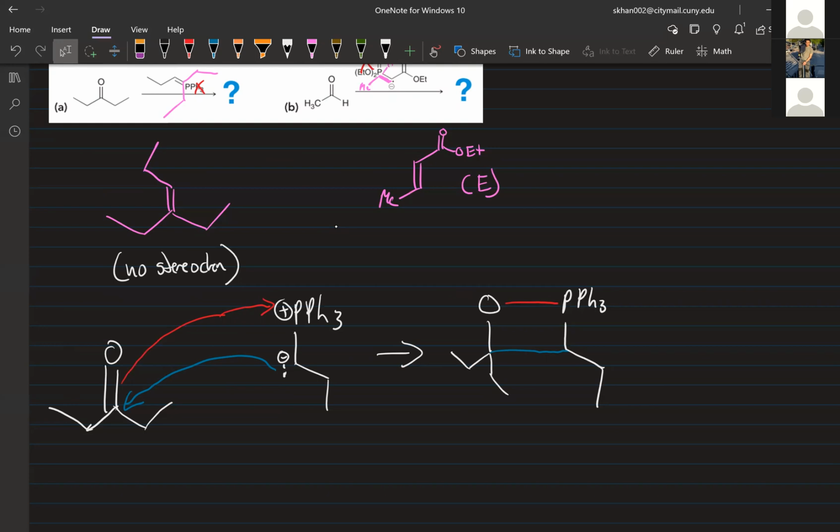Now, the next step that just happens is you basically have this oxygen-phosphorus double bond forming. Let's use another set of colors. This is going to break this oxygen-carbon bond, and now you form a carbon-carbon double bond with, we'll use pink here.